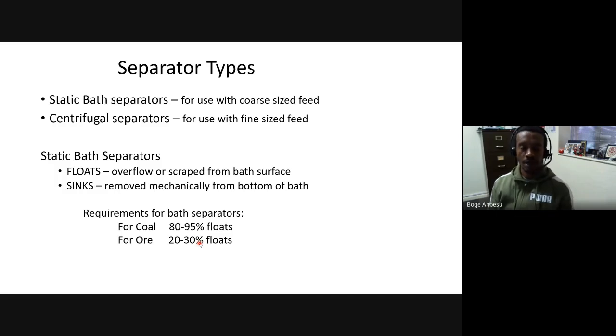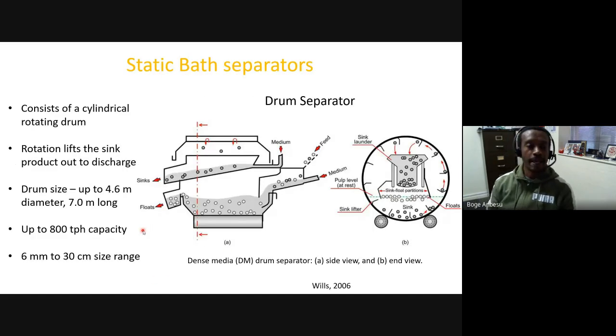Therefore, sink is very large in quantity or volume, so my mechanical arrangement to remove that continuously should be strong enough. It should stand the proportion of large amount of sink that's going in the separator. So these are some of the considerations in terms of designing a typical dense media separation.